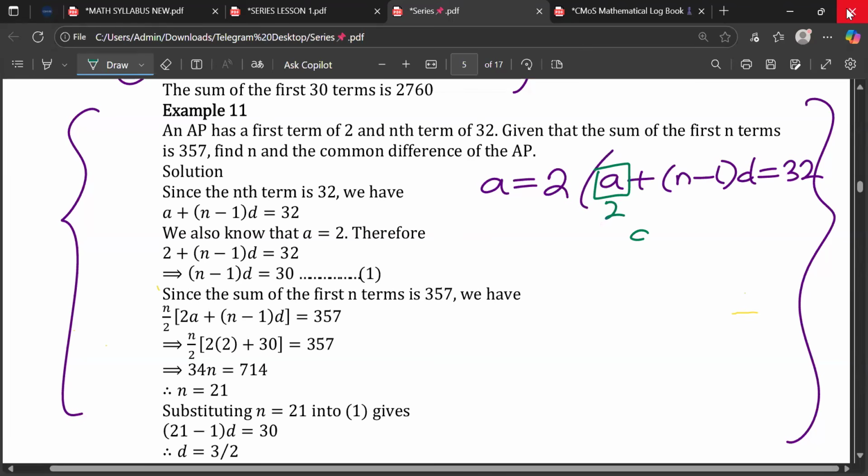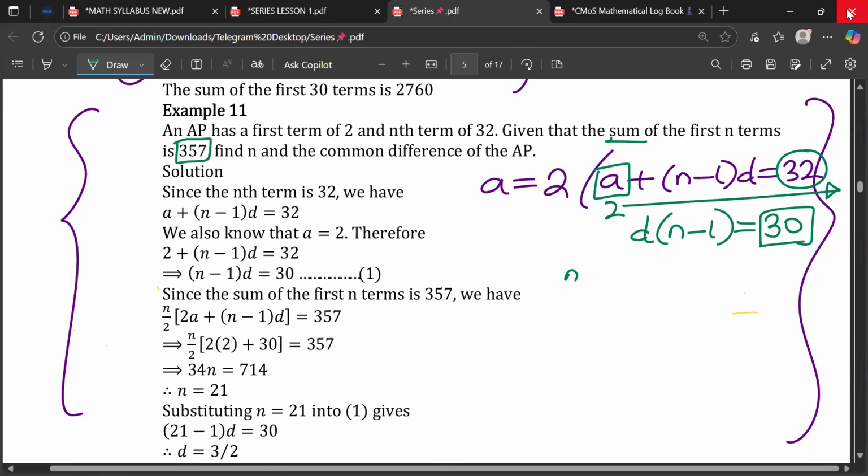So I can even say my d times (n minus 1) is 30, isn't it? In case this 2 goes to the other side, this one becomes 30 because it has found there 32. You see? They're saying that given the sum of the first n terms, they are saying sum of the first n terms is this.